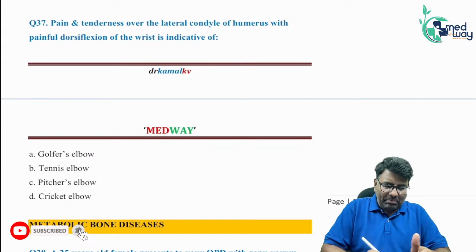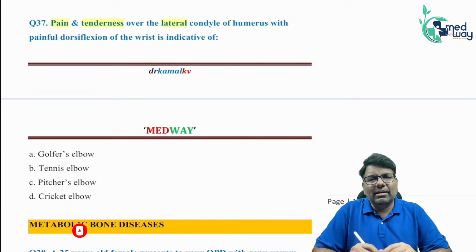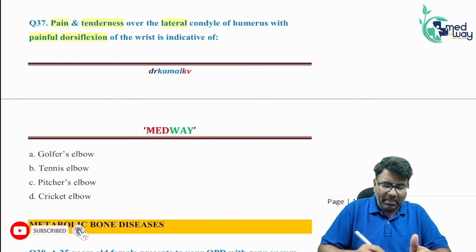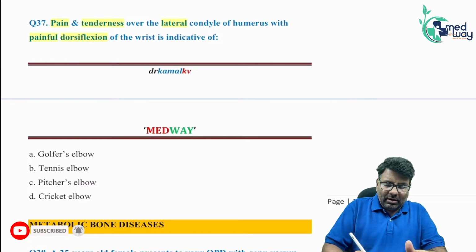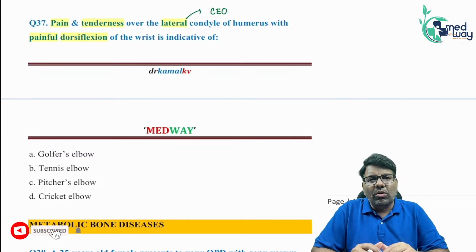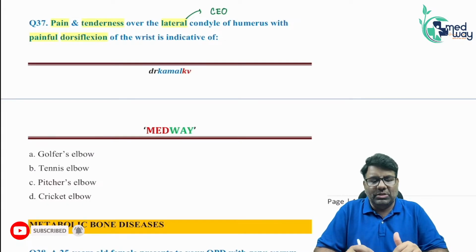Next question is about pain and tenderness over the lateral condyle of the humerus with painful dorsiflexion of the wrist. Now, at the lateral condyle, we know that this is the common extensor origin. All the extensors of the wrist originate from this area.